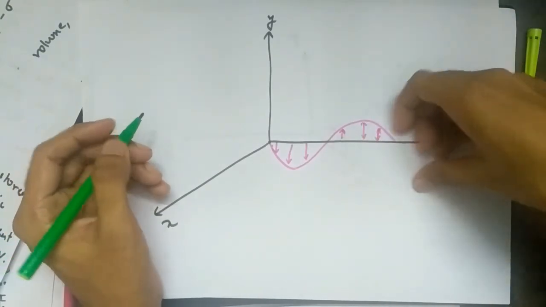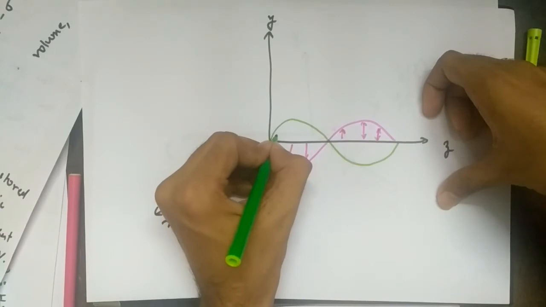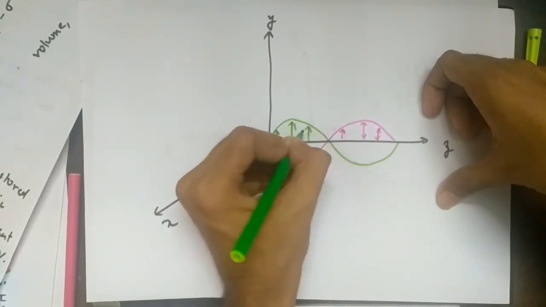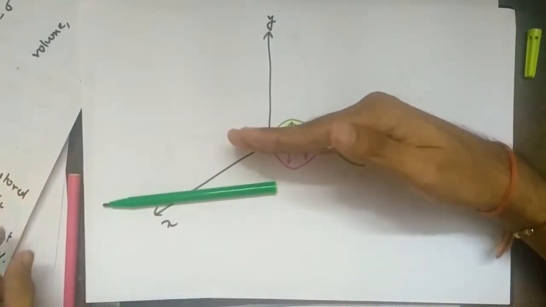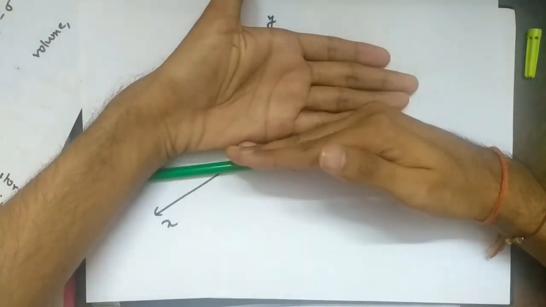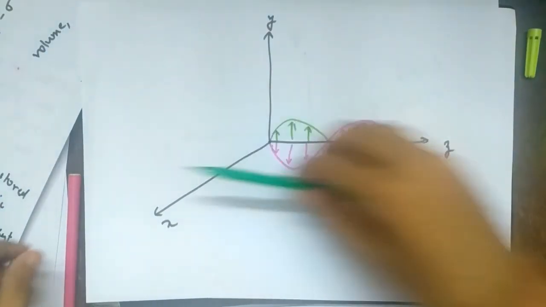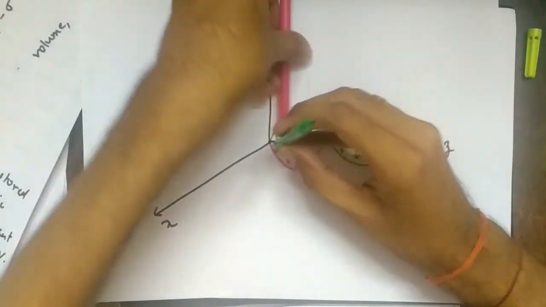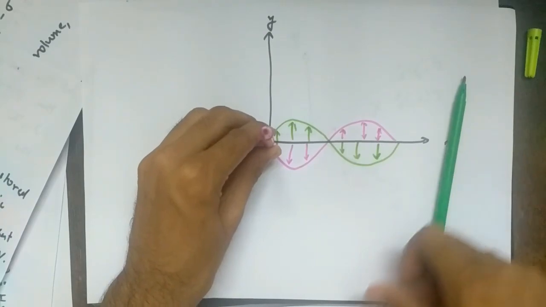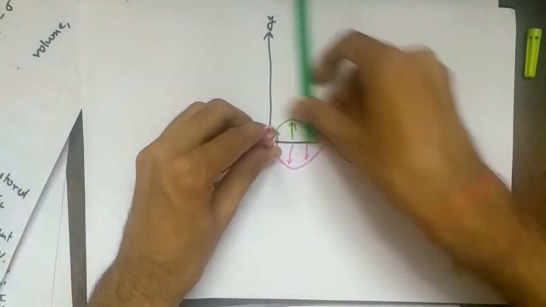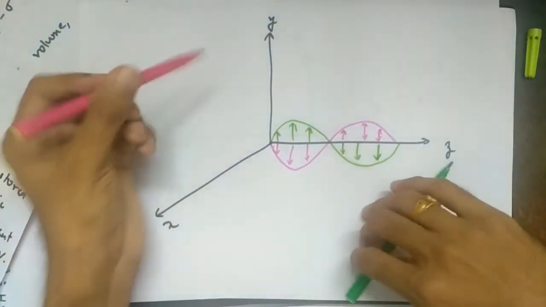So it will be like this. I want you to imagine in 3D. This is my E vector, this is my H vector, and we saw that they travel perpendicular to the plane. E is oriented along x, the same E vector with this color, and the H vector is here. They are traveling along z. That is what is proved by the Poynting theorem, okay?